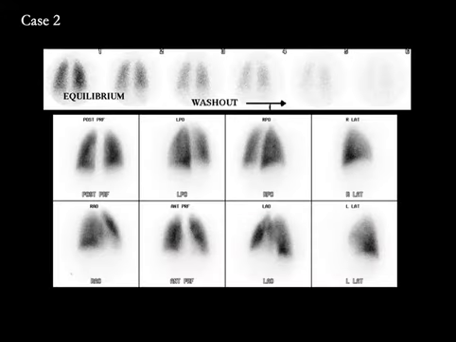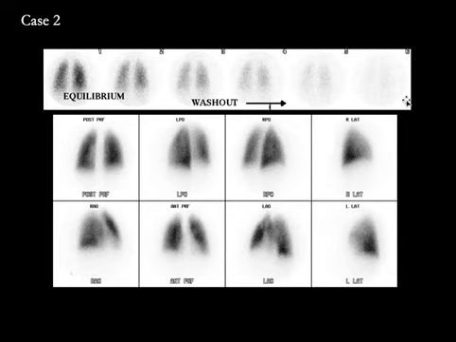Now let's look at a normal VQ scan using xenon gas for ventilation. With xenon, the images are available only in the posterior projections, and these are different kinds of images such as first breath, equilibrium, and washout images. These are shown here on the top: multiple images from ventilation in a posterior projection using xenon.